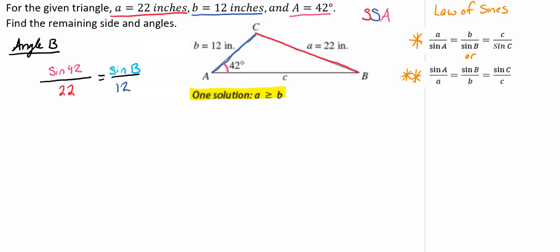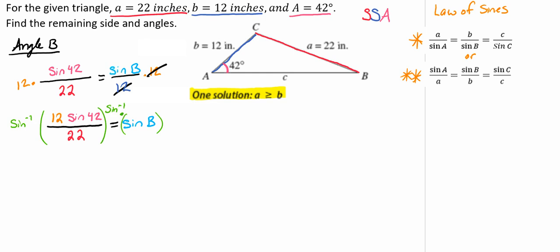So we want to get rid of that 12. We're going to multiply both sides by 12, and doing that allows us to cross out that 12 right there. So now we have 12 times the sine of 42 all divided by 22, and that's going to give us the sine of B. Now to separate our sine and our B, we're going to take the inverse of sine.